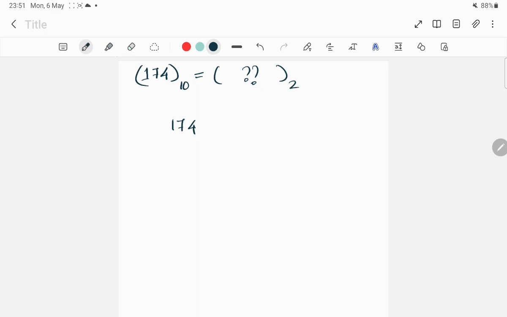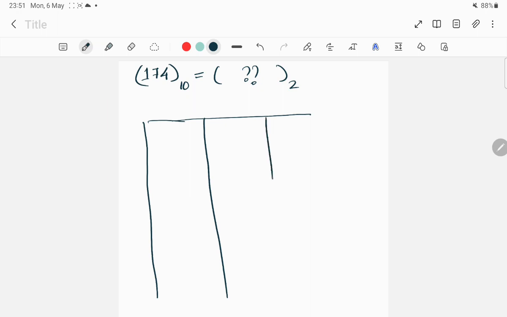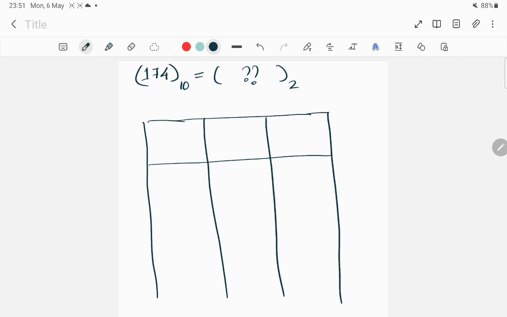So again we will be drawing the table. So this is our N, this is our Q, this is our R.